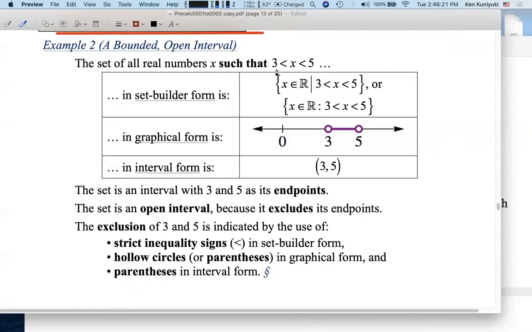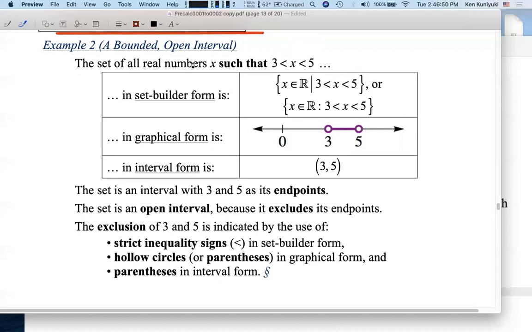It's bounded because we're only considering real numbers that are trapped between a couple of real numbers, and it's open because this interval does not include its two endpoints, the 3 or the 5. These are referred to as strict inequalities. We exclude the 3 and the 5. If we wanted to include the 3 or the 5, we put bars. But these are strict inequalities.